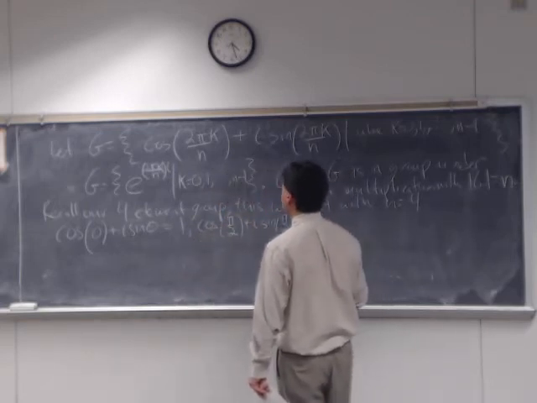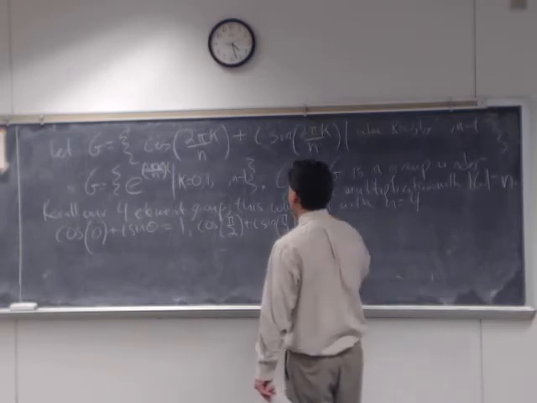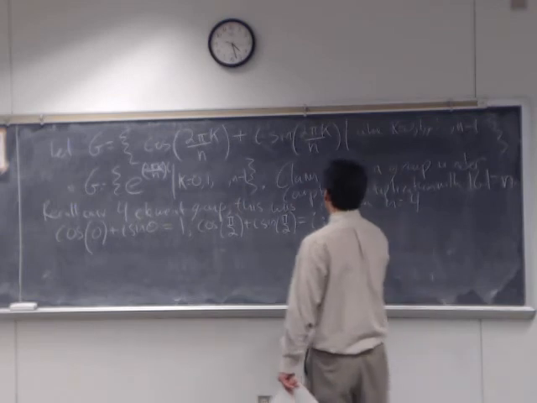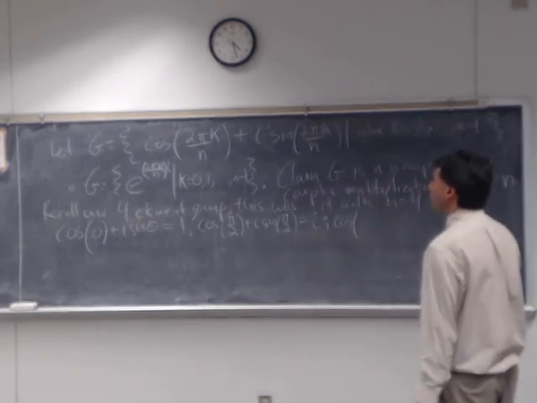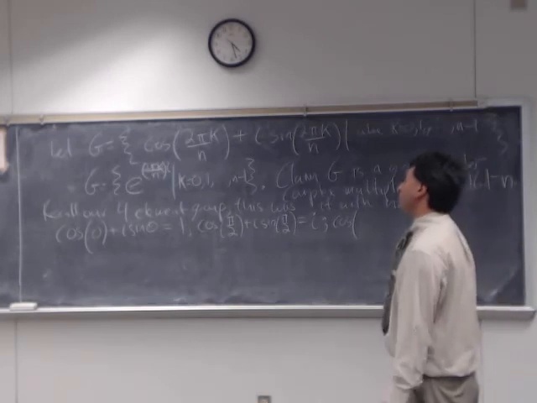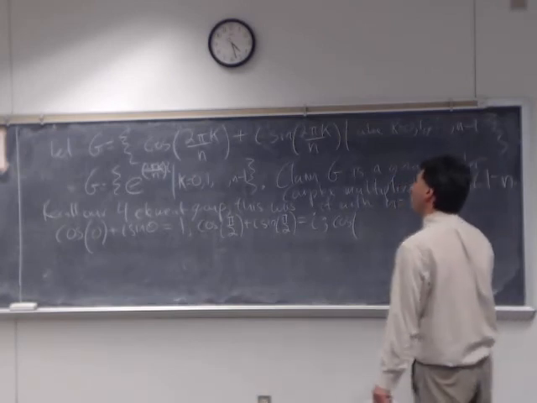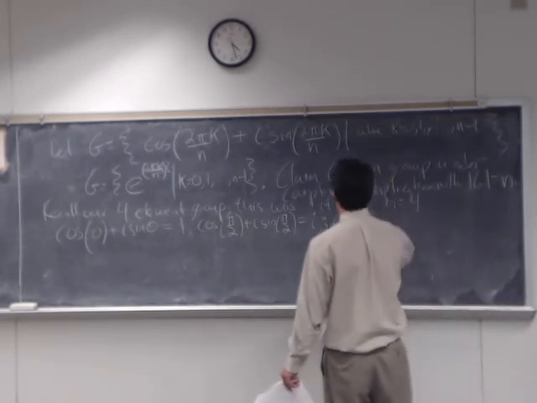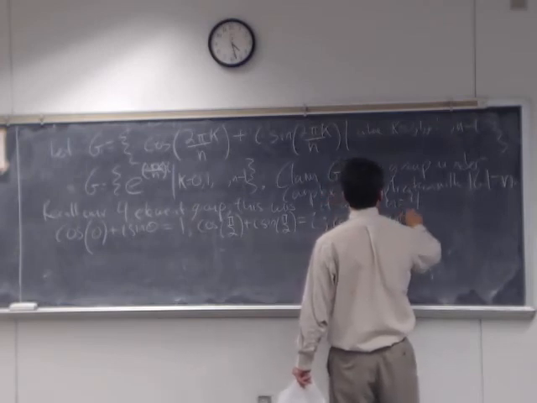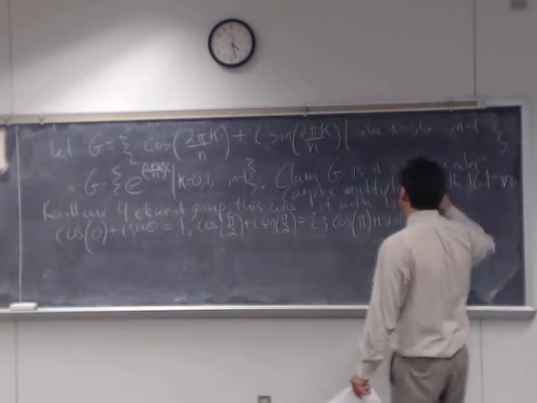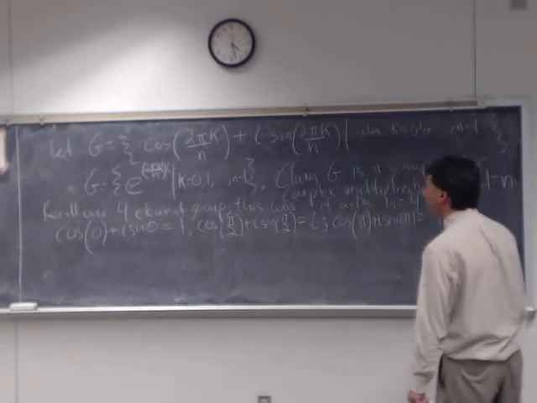Sine of pi over 2 is 1, so it's just i. When k equals 2, 2 pi times 2 over 4 would just be pi. So cosine of pi plus i sine of pi. But the cosine of pi is negative 1 and the sine of pi is 0.